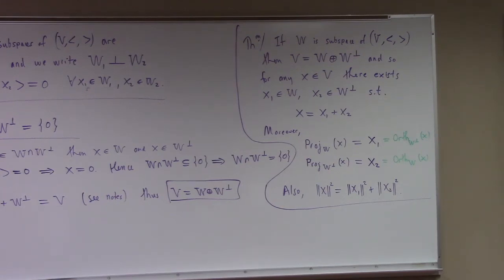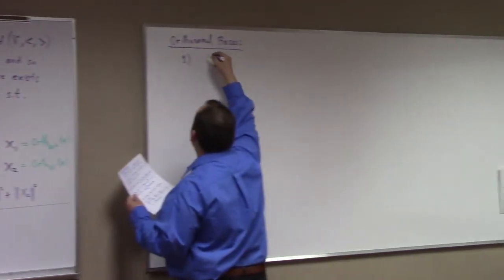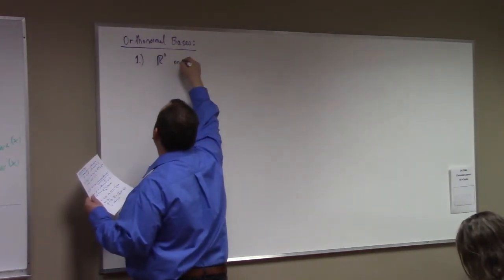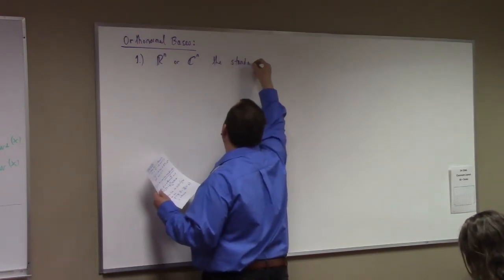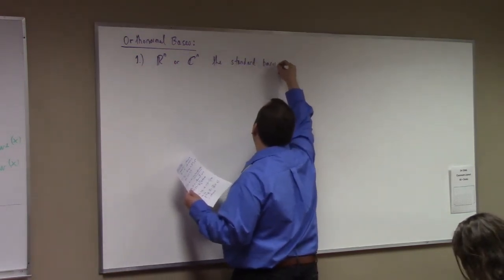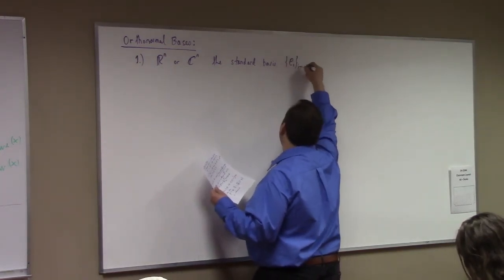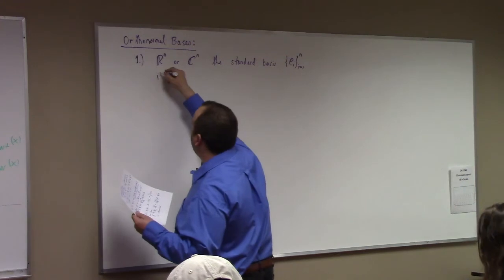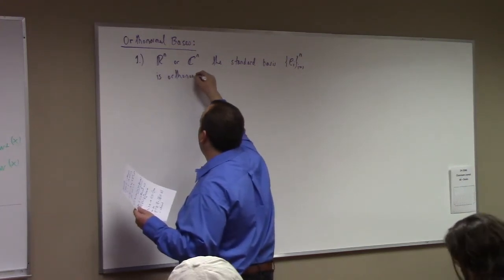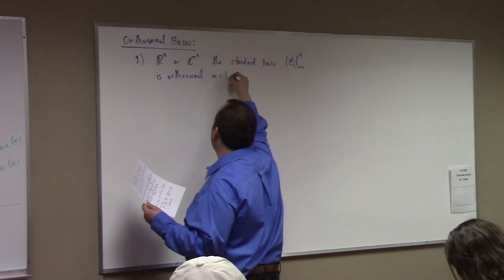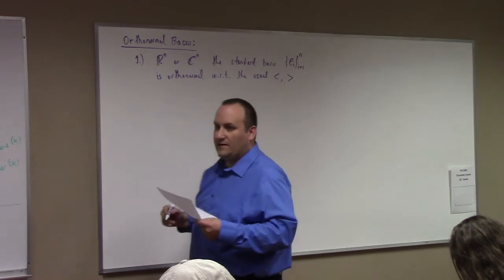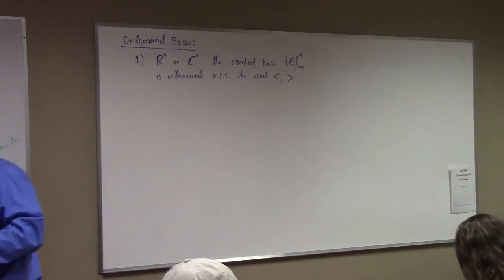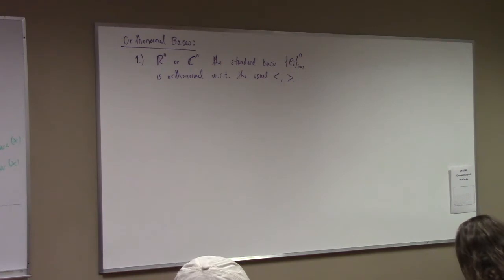But before we get to that, just a little bit more about orthonormal bases. Can you give me, for Rn or Cn, the standard basis, right? This thing is orthonormal with respect to the usual inner products that we defined the other day, either the dot product or that one that I copied down wrong from my notes and we had to fix.